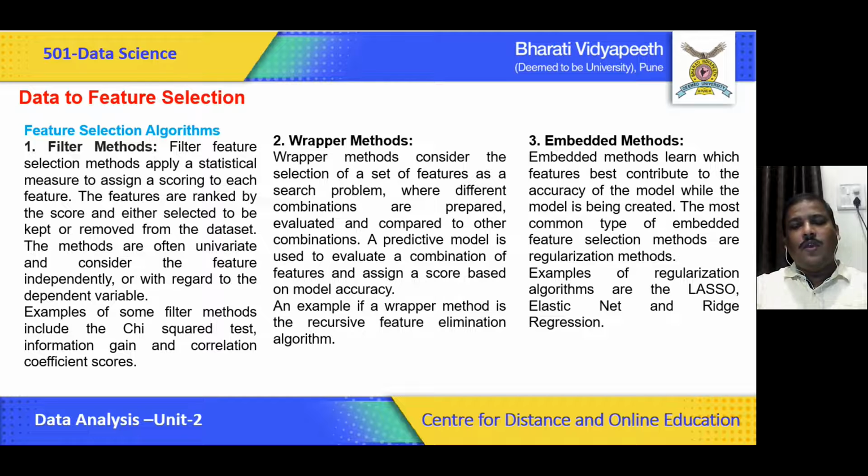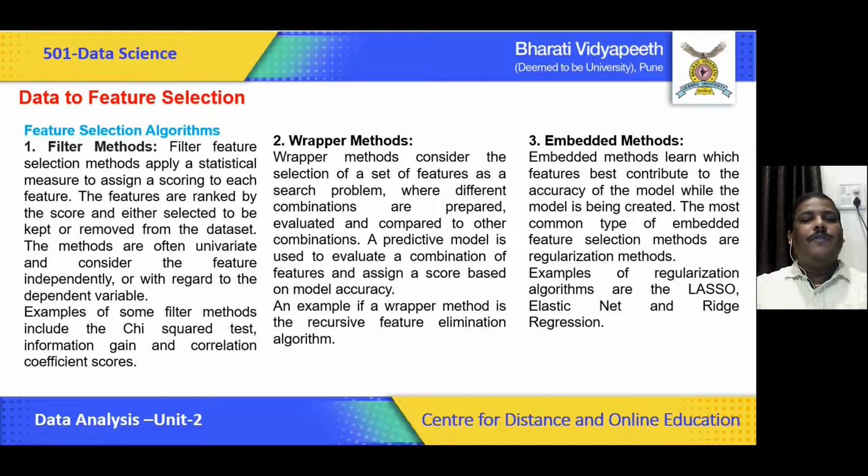Here a group of features can be compared to a group of features. A predictive model or framework is used to evaluate a combination of features and assign a score based on the model accuracy.